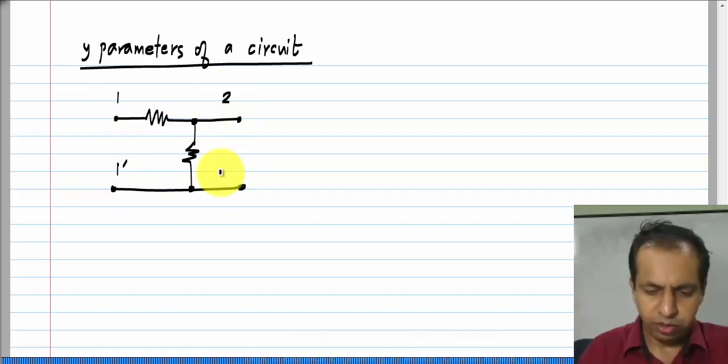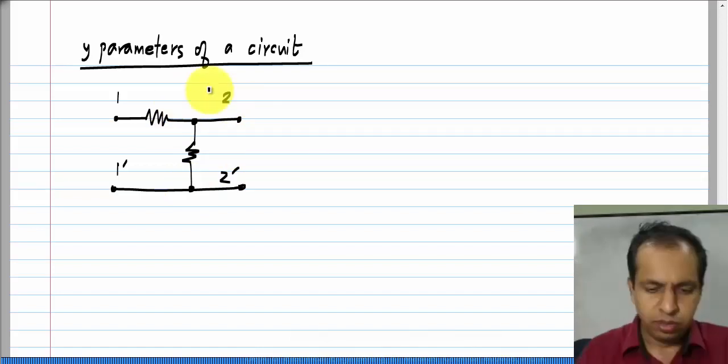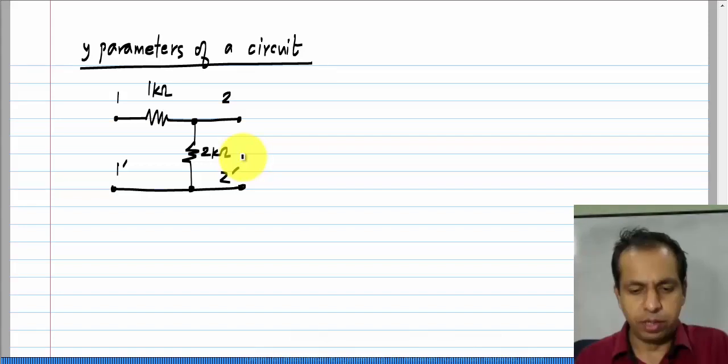This is port 1, this is port 2, very simple circuit, but for now let us use this, and let us say this is 1 kilo ohm and this is 2 kilo ohm, and we want to calculate the y parameters, and we will do it one by one using the algorithm we described earlier.